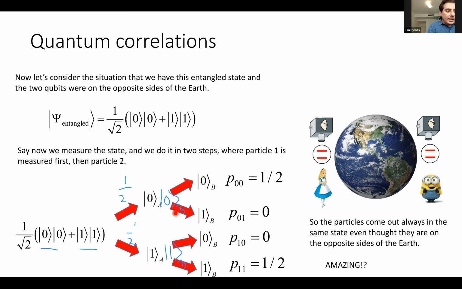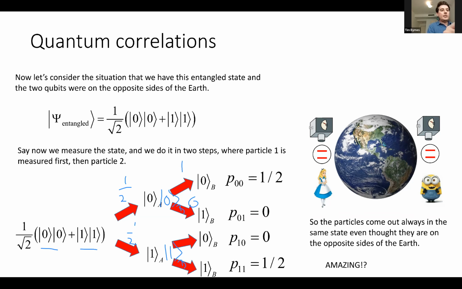Now, because it's already 0, 0, when Bob goes and makes his measurement, his state is already this thing, right? It's already 0. So actually, with 100% probability, so probability 1, it will become this state 0.